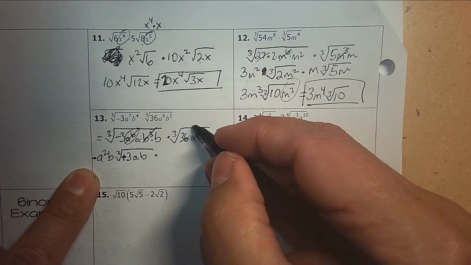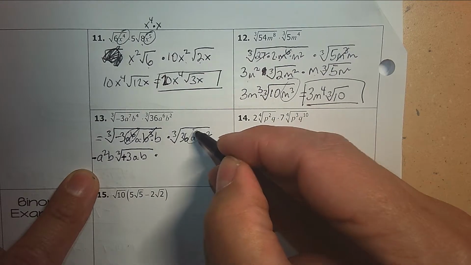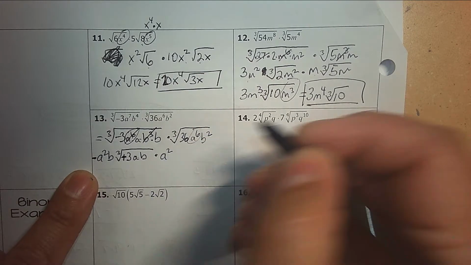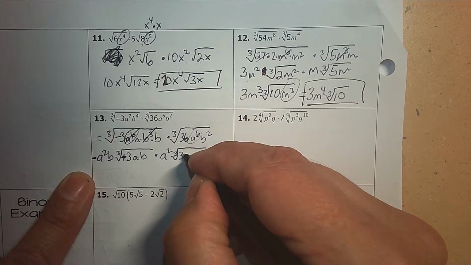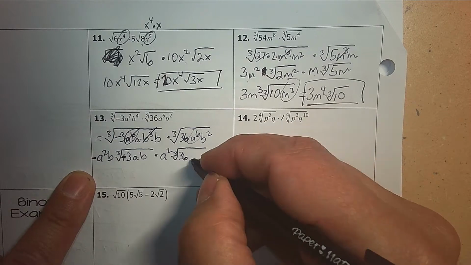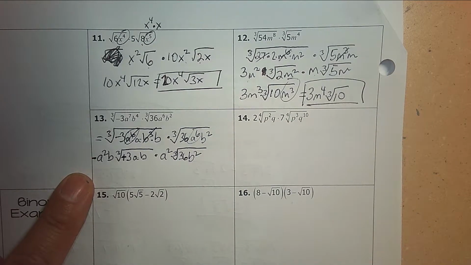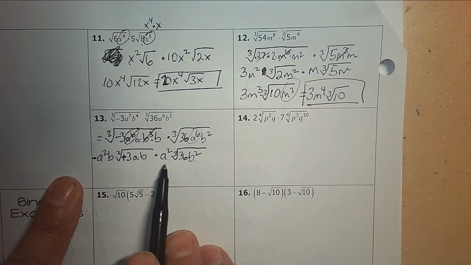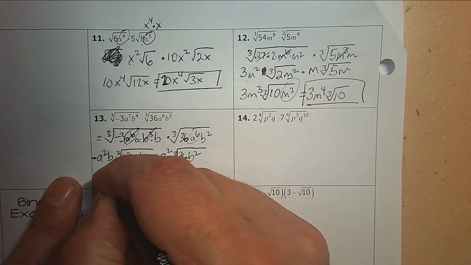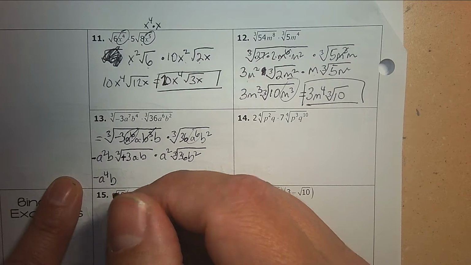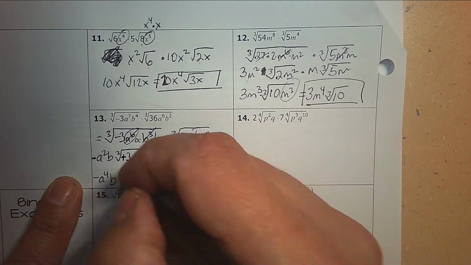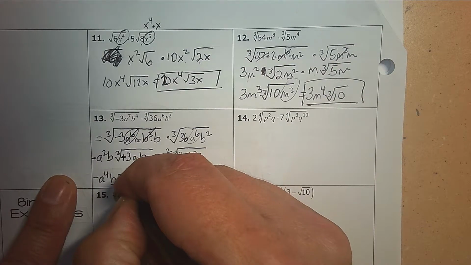Here, the cube root of a to the 6th, so 6 divided by 3 is a squared. And that's it. And we have the cube root of 36b squared. Now when I multiply the fronts together, that's negative a to the 4th and b. Then the insides together.